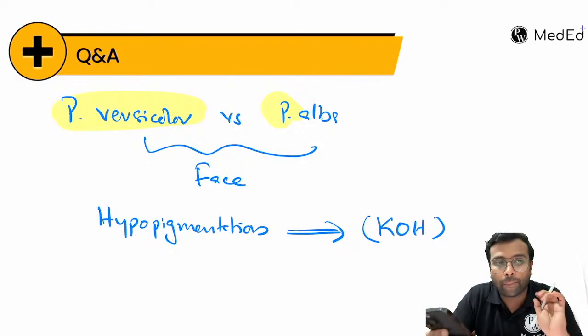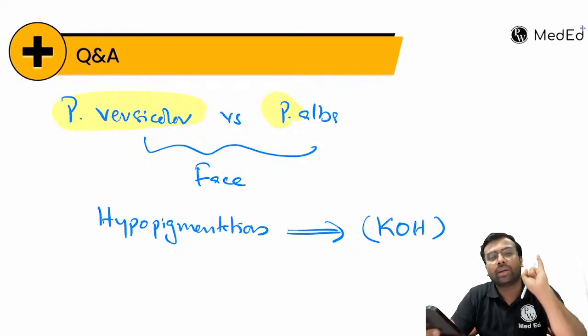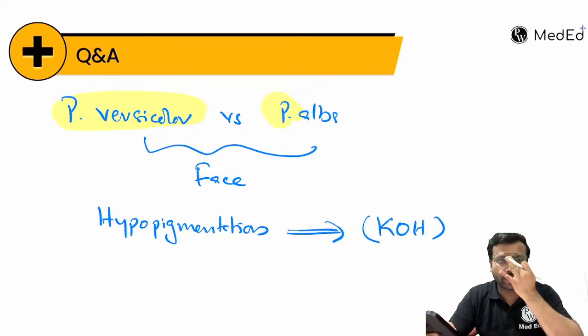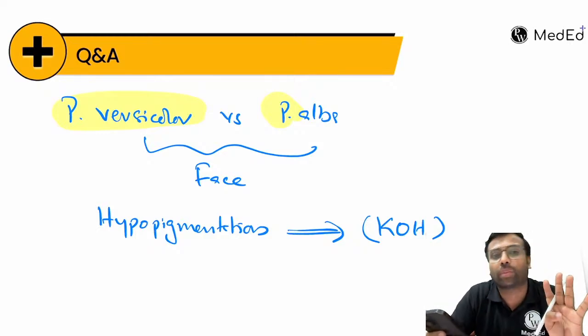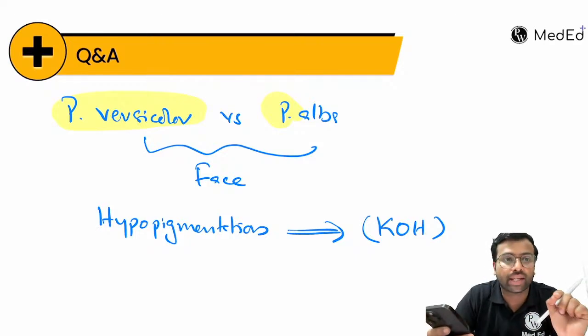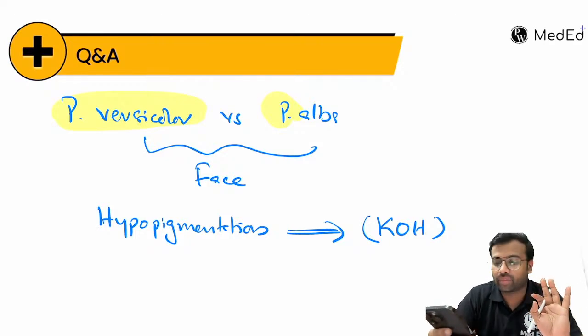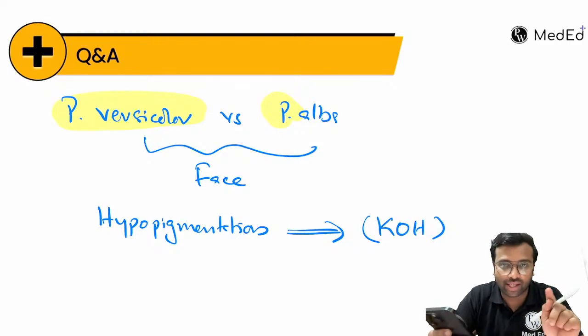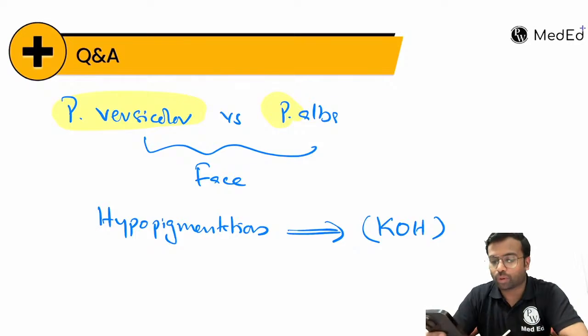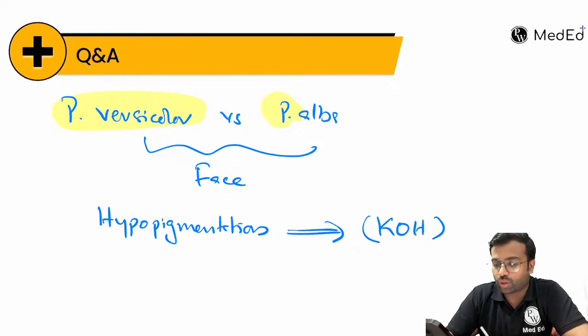That is wrong. Pityriasis versicolor, pityriasis rosea, pityriasis alba, even pityriasis rubra pilaris. The name is pityriasis because pityriasis means scaling. Where you do not have scaling is in a disease like indeterminate leprosy, so probably you are confused based on that.